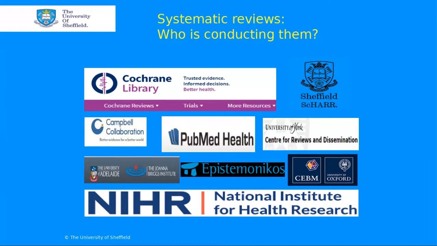And here are some of the important players in systematic reviews. Some of these names are familiar to you. So, for example, the Cochrane Library, the Campbell Collaboration in social, welfare and educational areas, some of the organizations like the Centre for Reviews and Dissemination and the Centre for Evidence-Based Medicine, and collaboratives like the Joanna Briggs Institute, International Collaborative in Nursing.